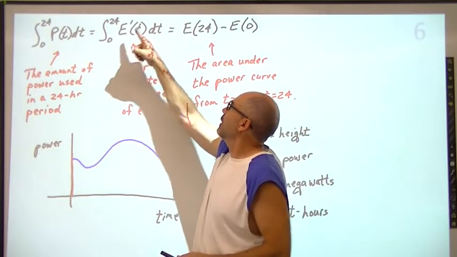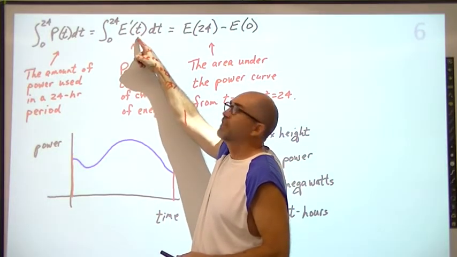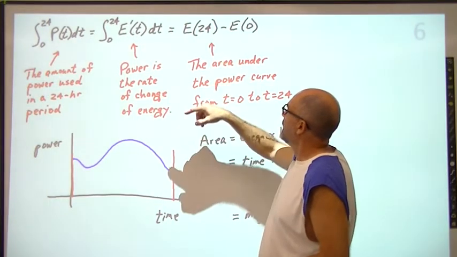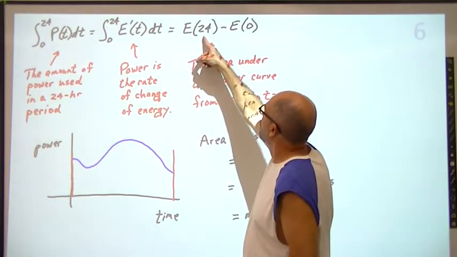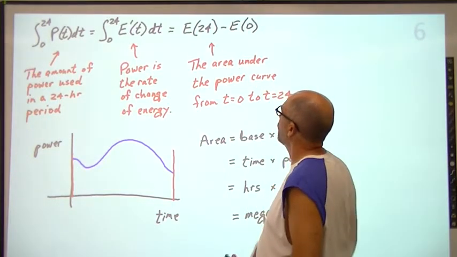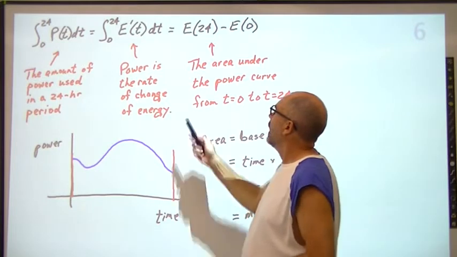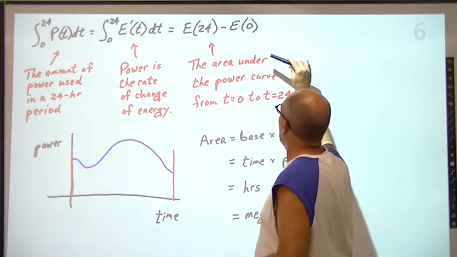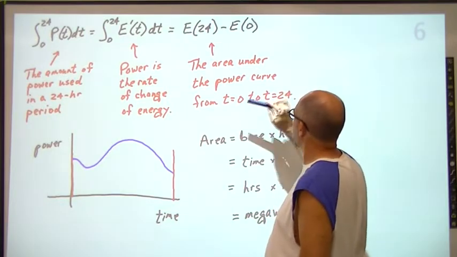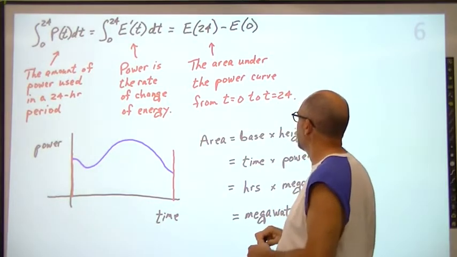Now, the integral of the derivative is the original function. So this equals energy at the 24-hour period minus energy at the 0-hour period. So, this is the area under the power curve from t equals 0 to t equals 24.